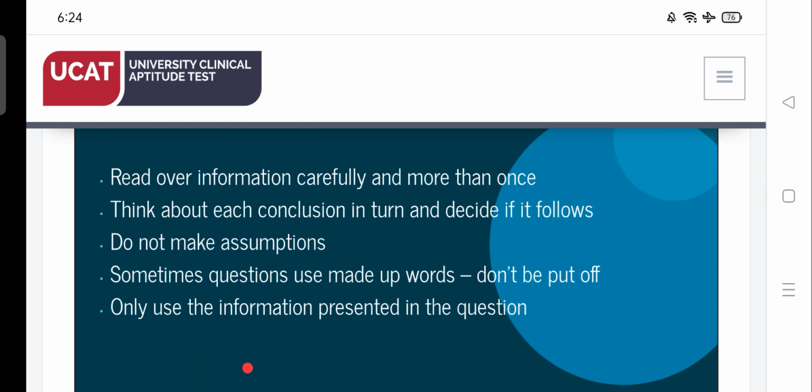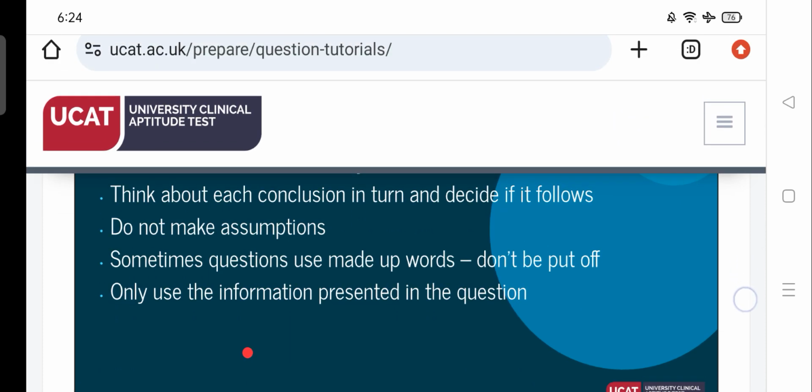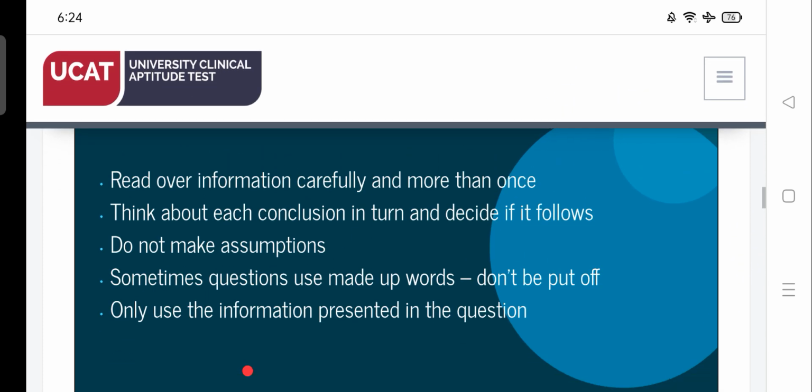Now we have a strategy to solve these questions. Read over information carefully and more than once. To understand what they are asking from us, what they want from us, how we are going to conclude and what we are going to conclude, we have to read our information very carefully.